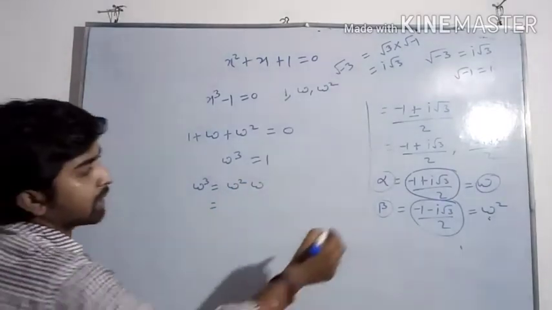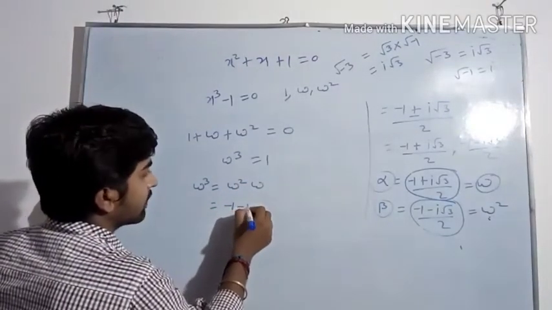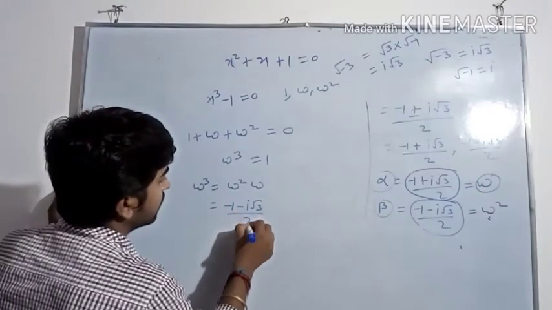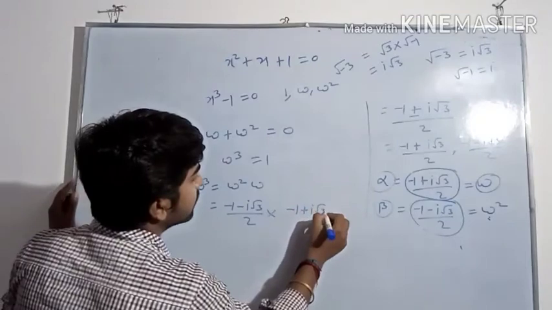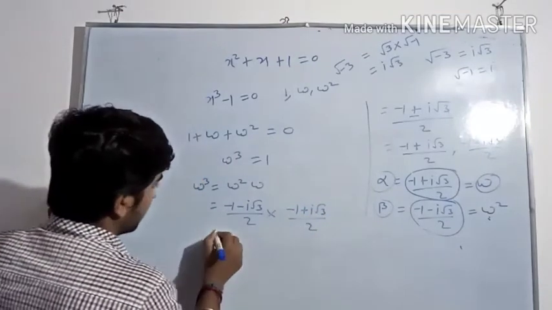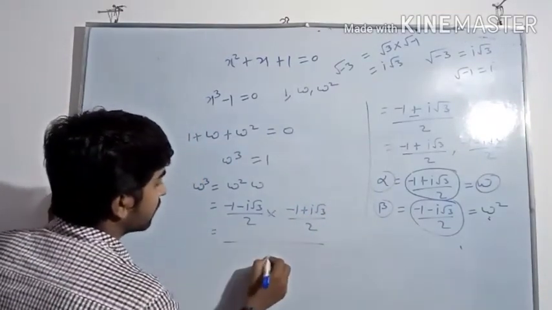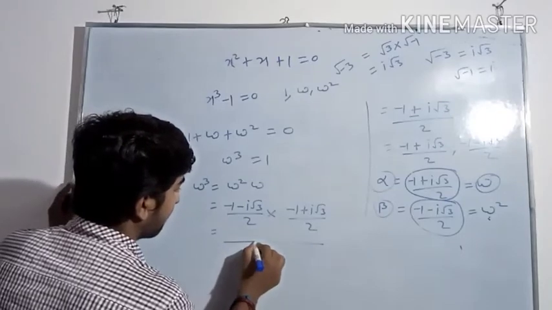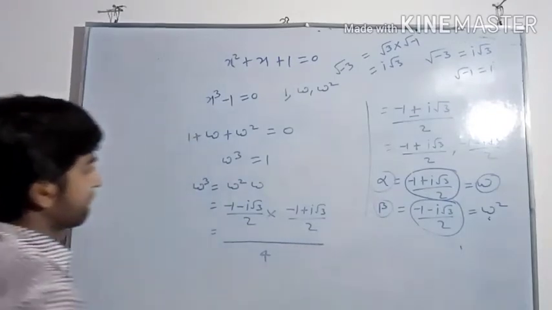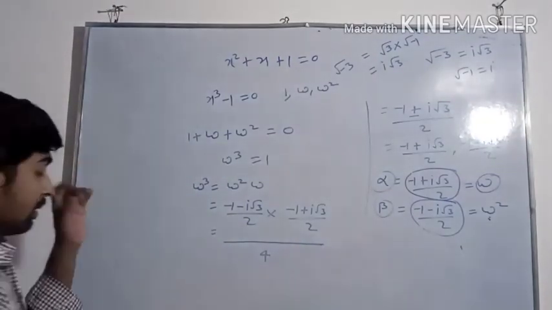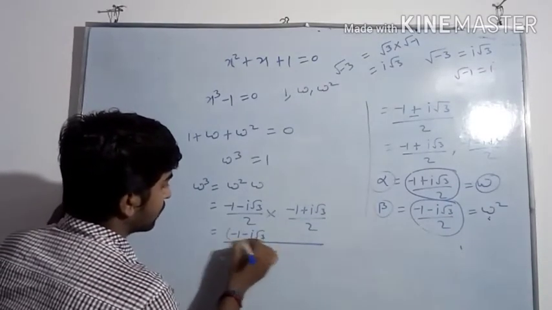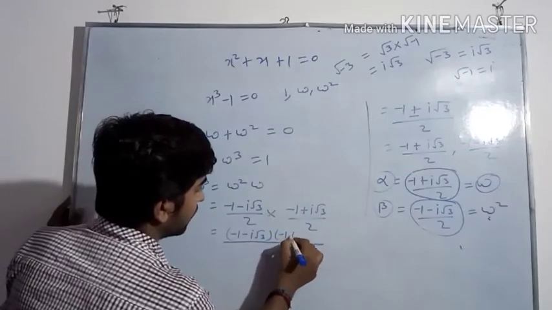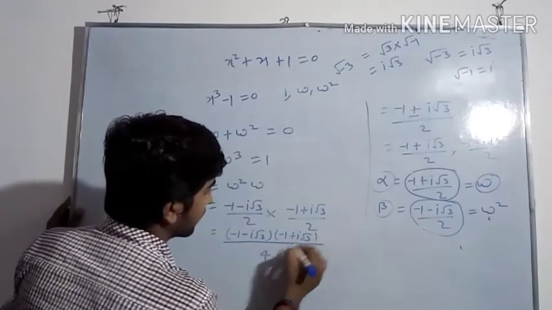Now omega square is minus 1 minus I under root 3 upon 2, and omega is minus 1 plus I under root 3 upon 2. And let us multiply. 2 into 2 equals to 4. Now minus 1 minus I under root 3 into minus 1 plus I under root 3.